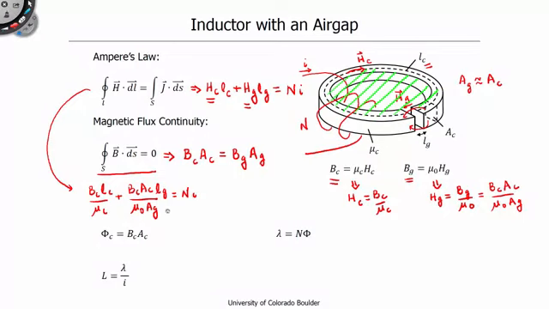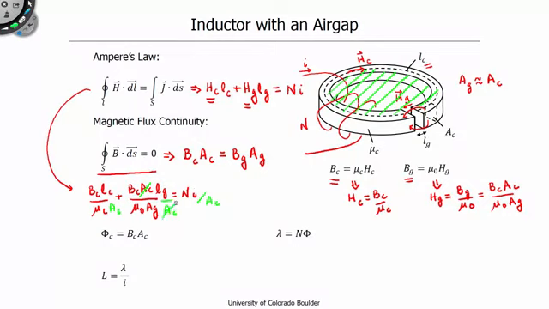Let me make this equation a little symmetric. I'm going to divide both sides of this equation by AC. So let me do that. I'm going to divide here by AC, here by AC, and here by AC as well.